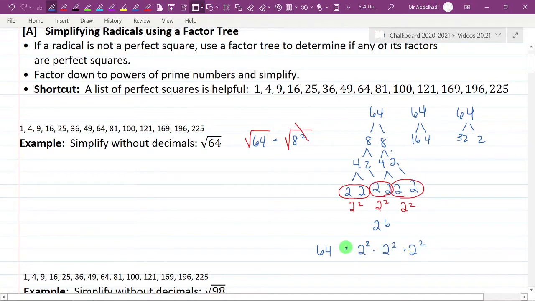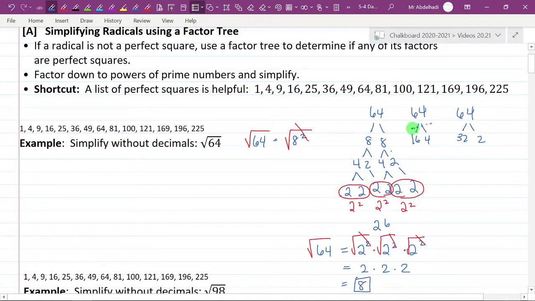Well, that means the square root of 64 is the square root of this times this times this. And that's going to be, well, square root knocks off the square in each one of these. Once again, no absolute value to worry about here. So 2 times 2 times 2, which is 8.